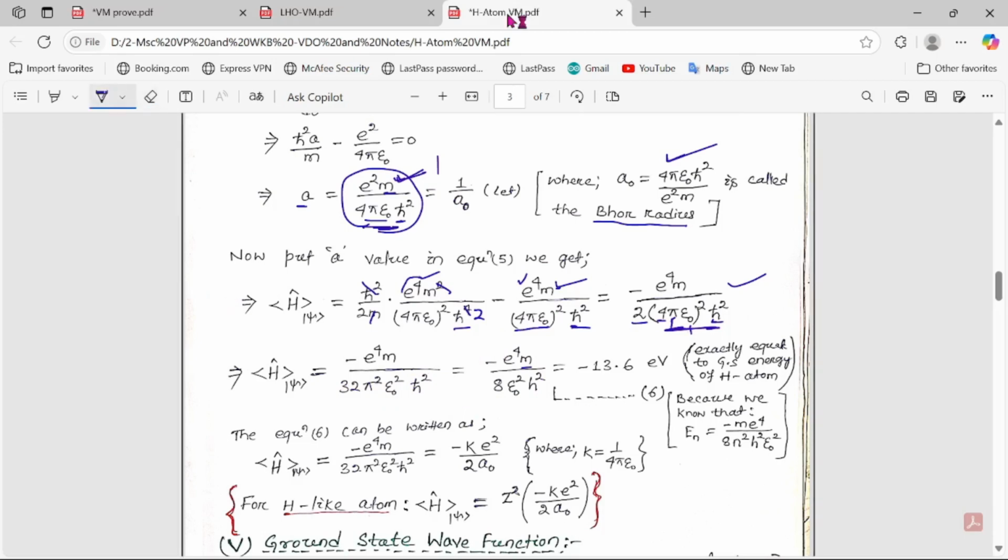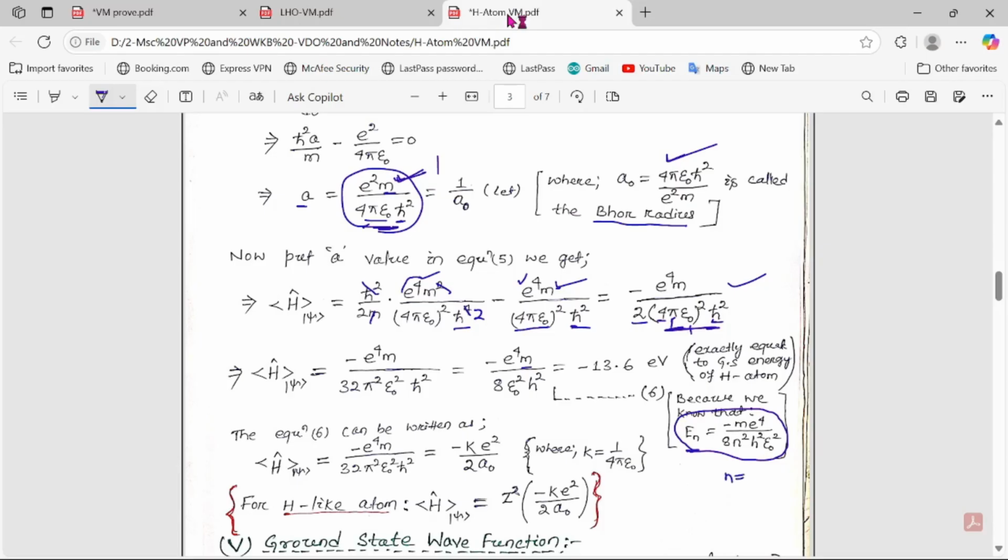Because in our modern physics we studied that the energy of the nth state of the hydrogen atom has this expression: minus m e to the power 4 over 8 n square h square epsilon naught square.